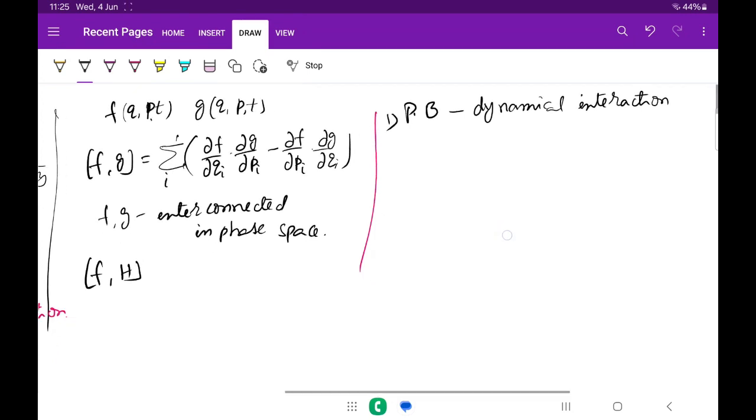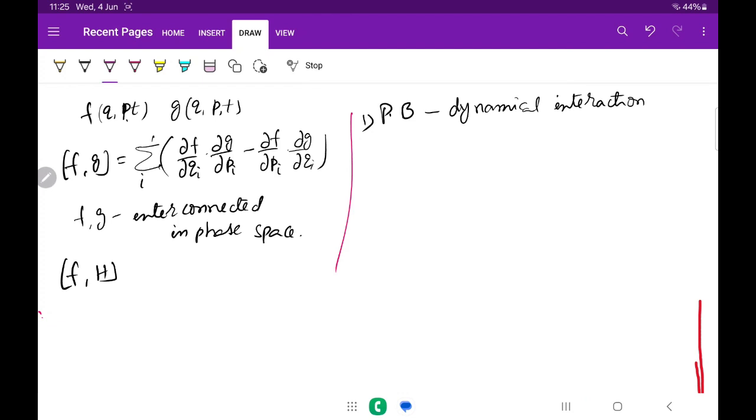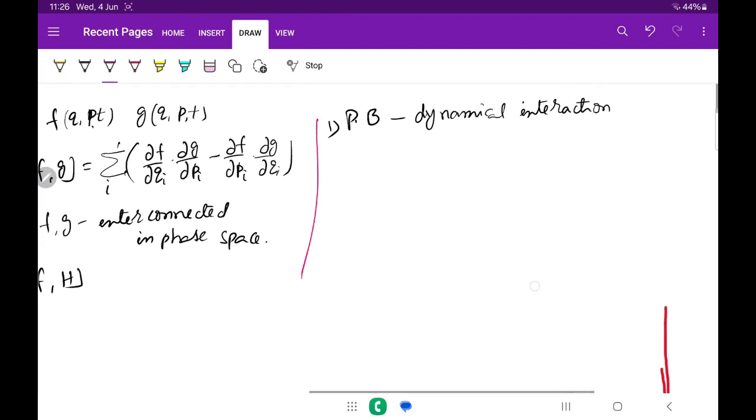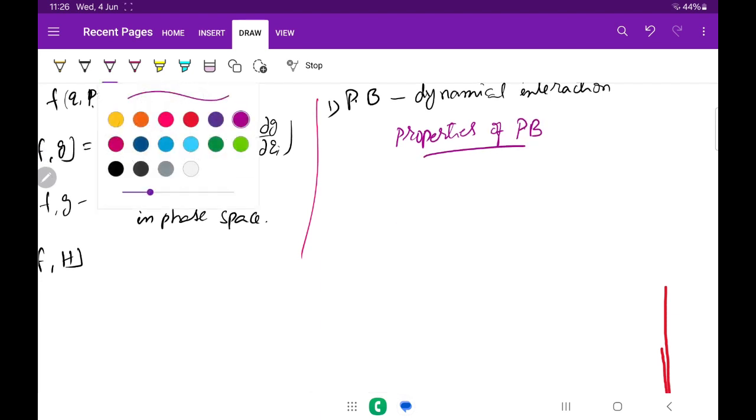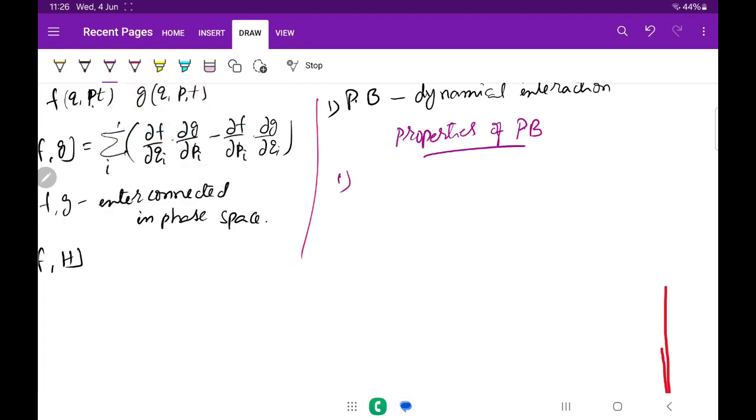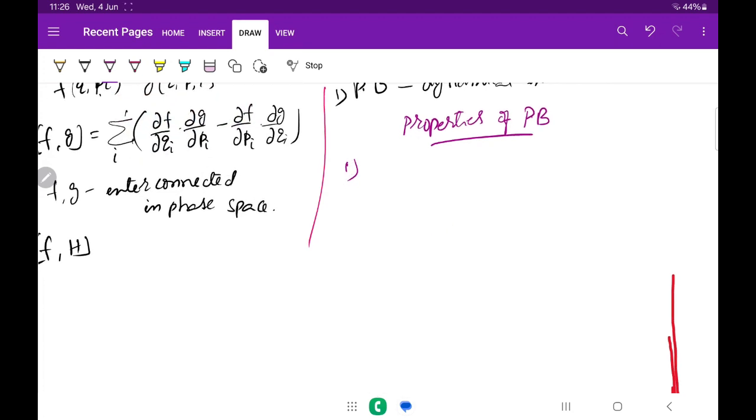Now let us discuss some important properties of Poisson brackets. The first one: the Poisson bracket of the same parameter, [qi, qi], is equal to 0.